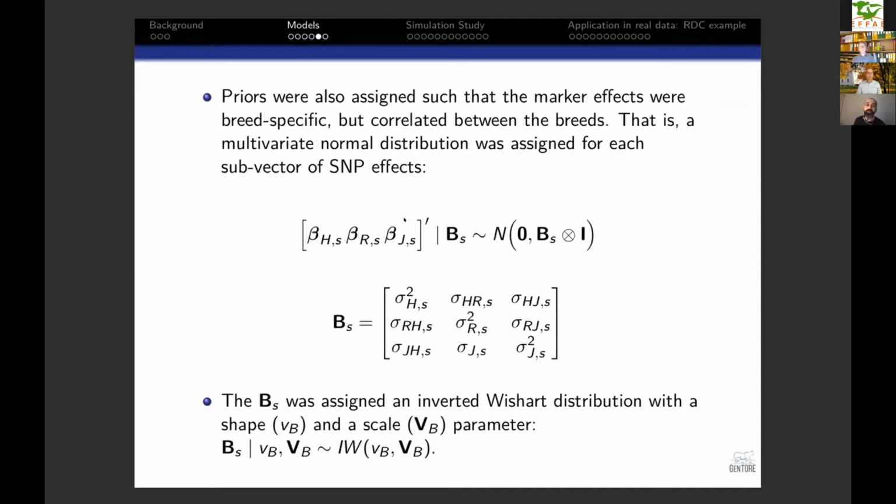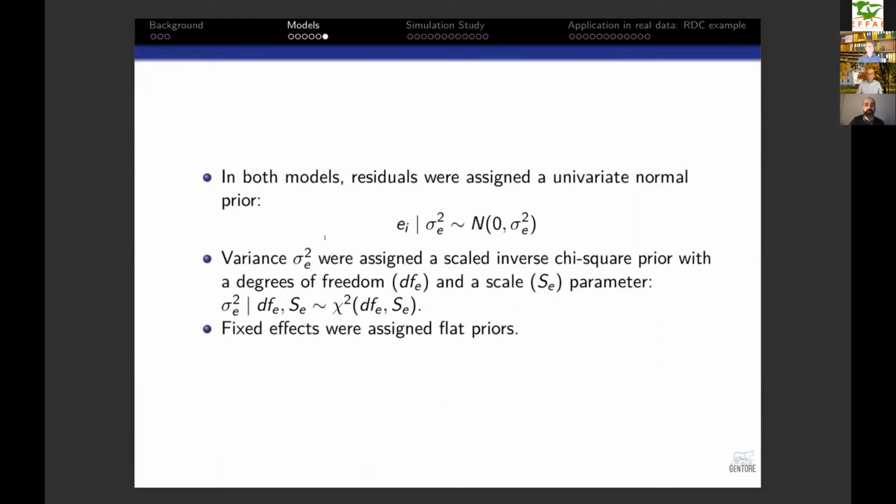We also assign priors to the genome regions again, so we allowed genomic covariance to vary over the genome, because there may be higher correlation where the LD phase is consistent across the breeds. And there are some details about the priors we assigned to the models.